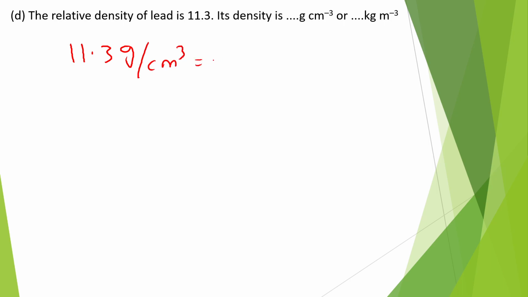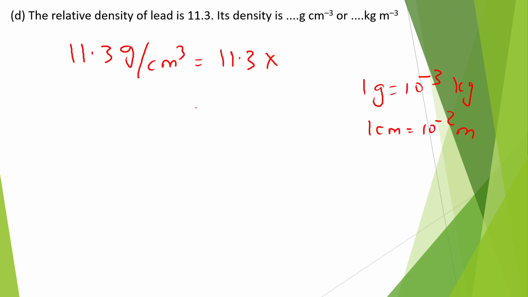You can write it as 11.3 multiplied with 1 gram. You know that 1 gram is equal to 10 to the power minus 3 kilogram, and 1 centimeter is equal to 10 to the power minus 2 meter.